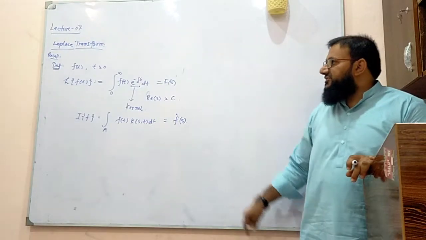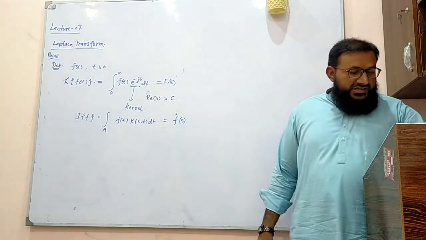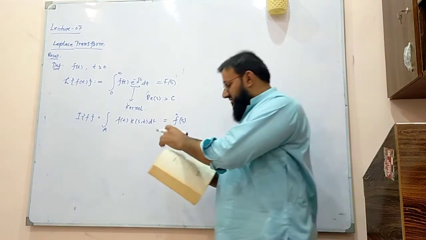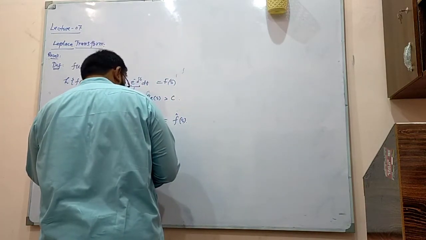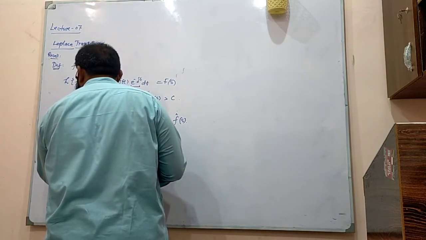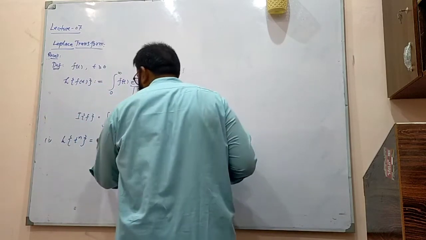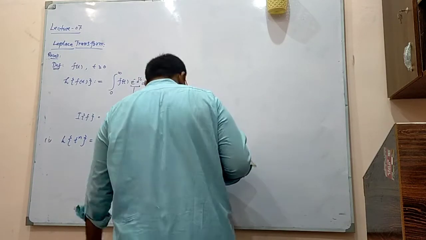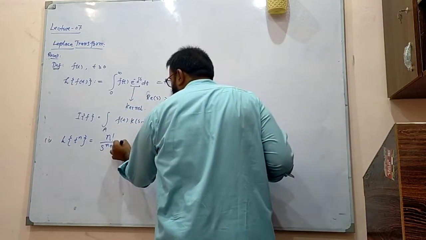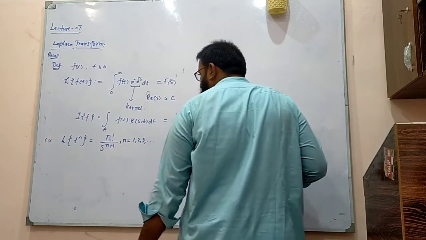So this was the definition of the Laplace transform, and we discussed the Laplace transform of some elementary functions. For example, number 1, the Laplace transform of t to the power n is n factorial divided by s to the power n plus 1, where n is any natural number 1, 2, 3 and so on.